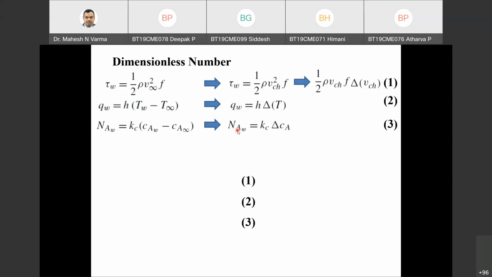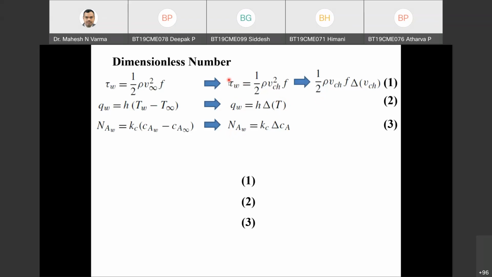So here I am discussing mass or moles per unit area per unit time, and this driving force is also moles per unit volume, a difference of moles per unit volume. But here this is heat per unit time per unit area, but the driving force is in terms of temperature.